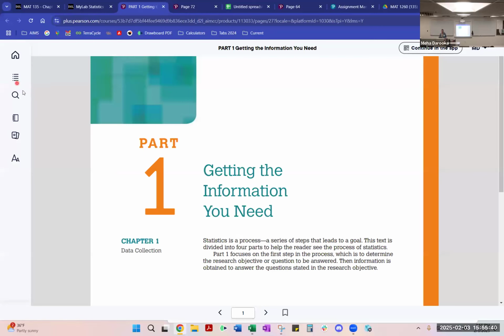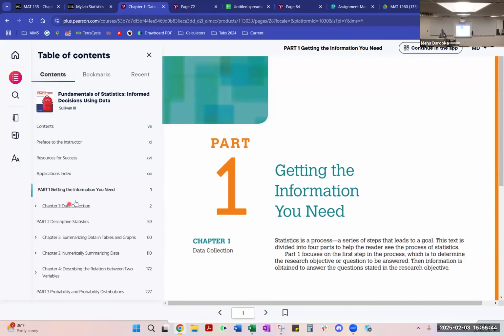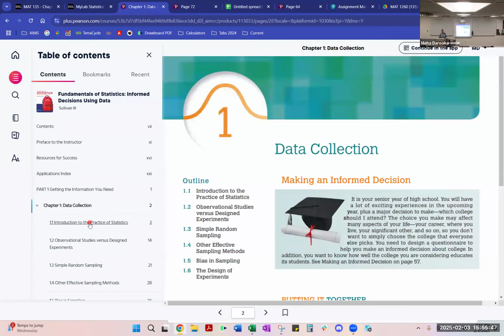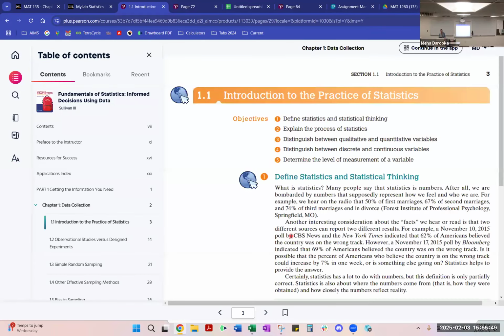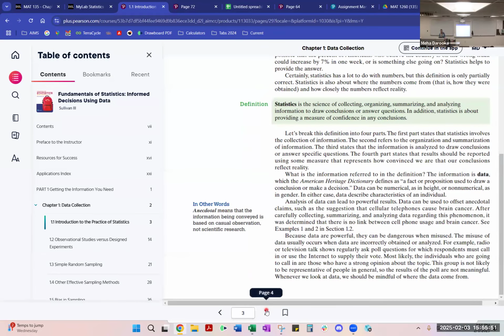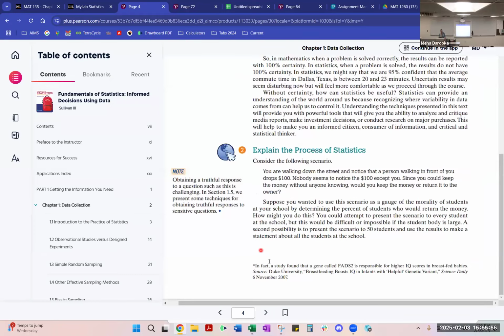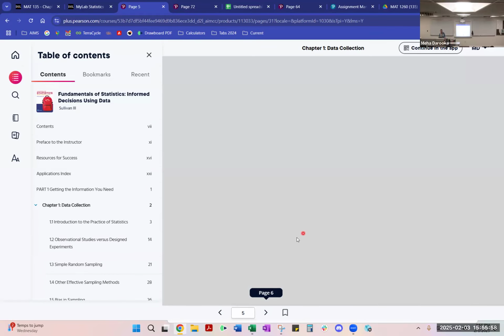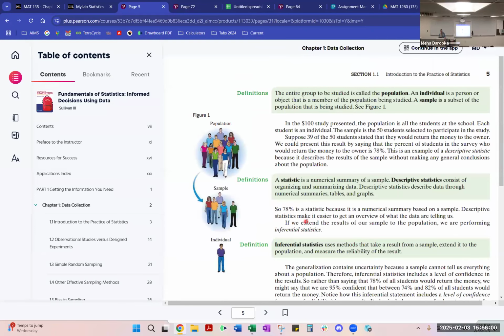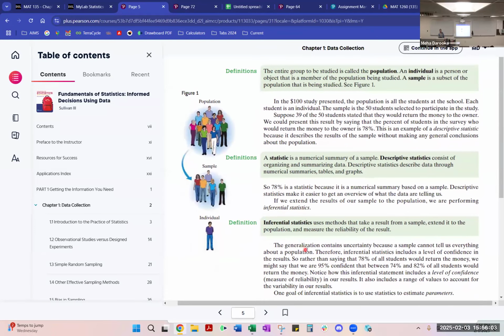In section 1.1, you should be able to see this definition. Okay, so we've got two answers for inferential. What about the rest of you? Descriptive and inferential definitions.